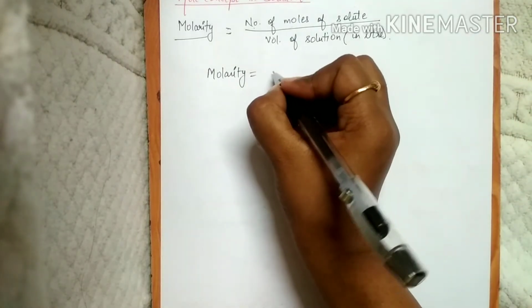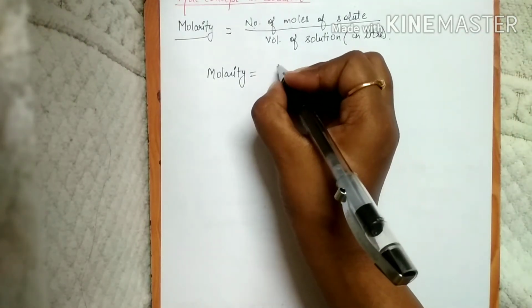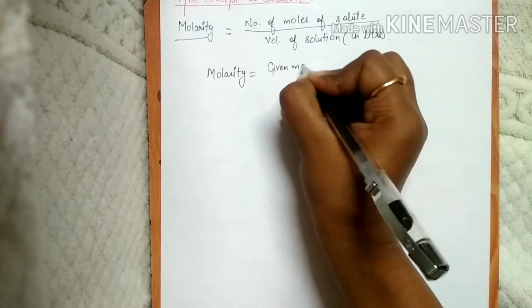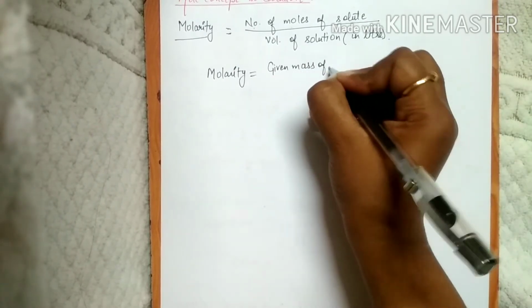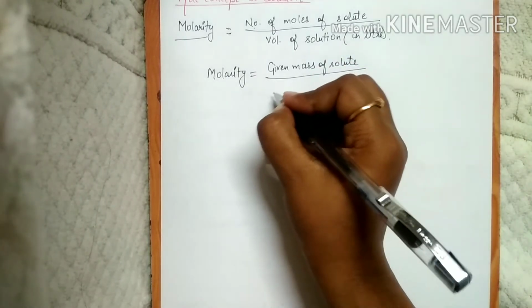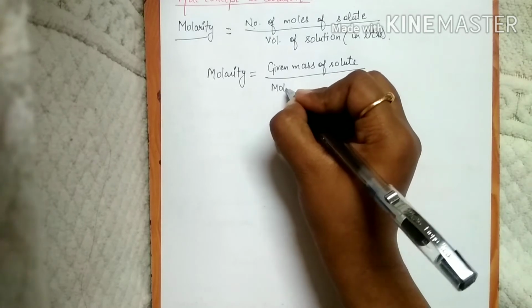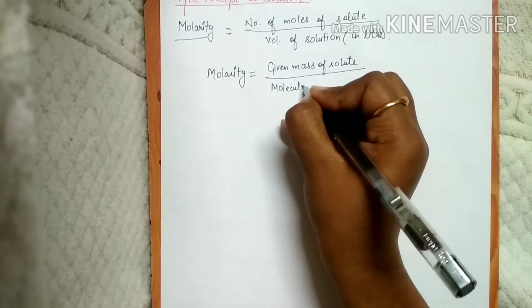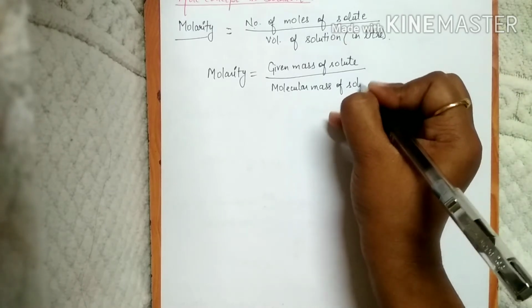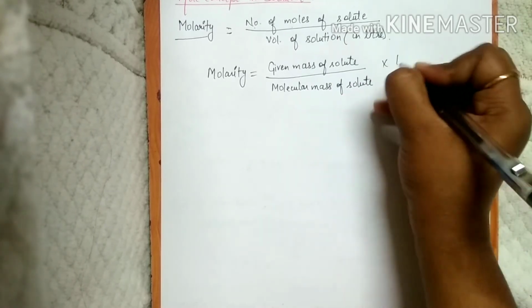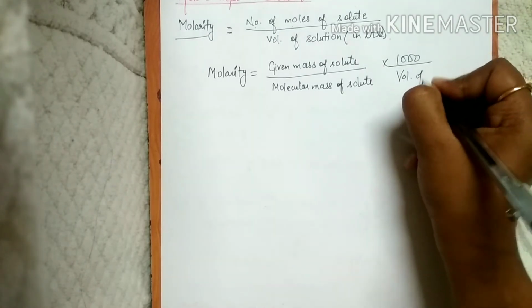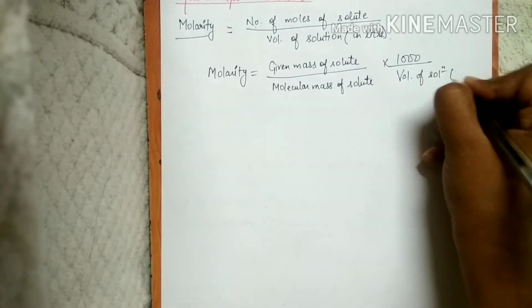So you rather learn this formula: given mass of solute upon molecular mass of solute, multiplied by 1000, divided by volume of solution in ml.